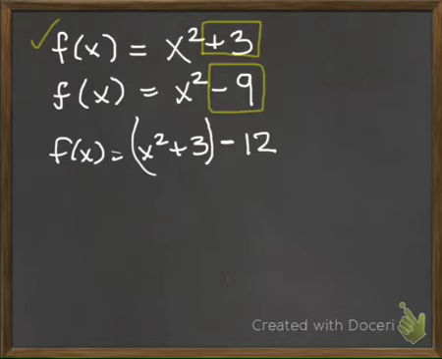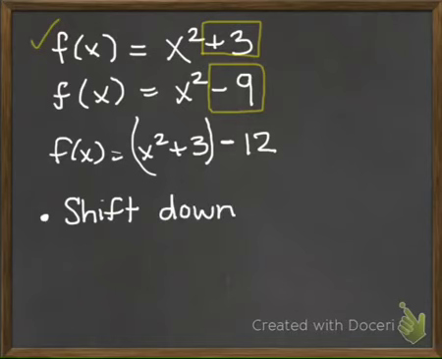So the transformation that's going to occur is a shift, because it's on the outside, it's going down 12 units. So that one was a little bit weird. You had to pay attention to where you started and where you ended up. Since you started with a plus 3, you had to go down 12 units.